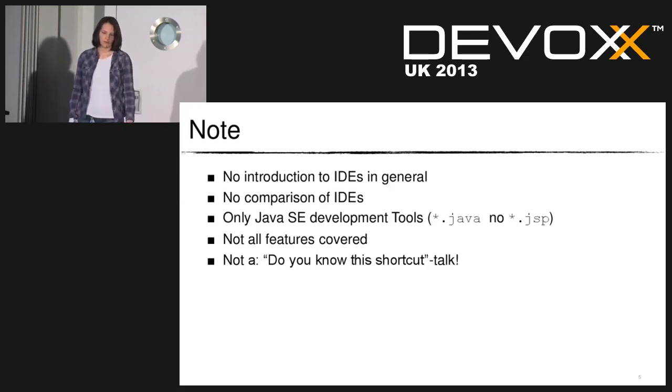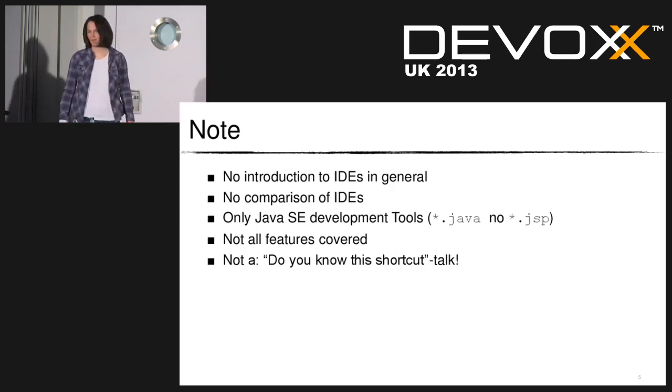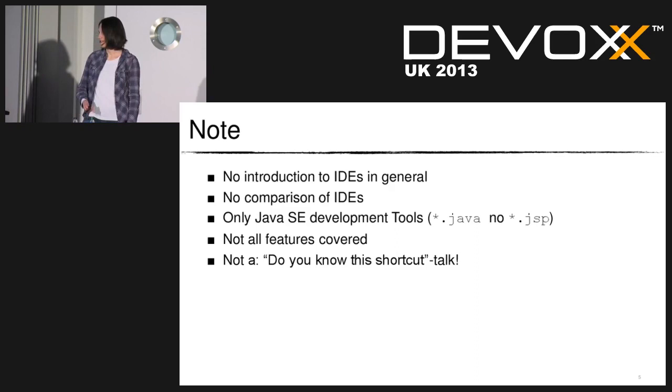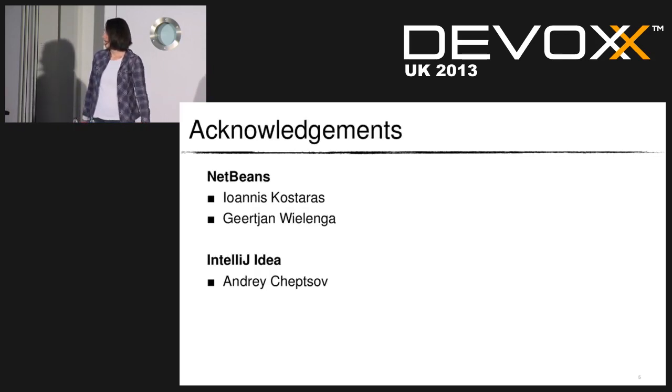And this won't be a do-you-know-the-shortcut talk, because I'm really bad at remembering shortcuts myself, so I'm not going to bug you with this one. Then I'd like to thank Johannes Costares and Gert-Jan Wielenger for answering some questions about NetBeans, because I usually don't work with it, and the same for Andre Chepsov for IntelliJ Idea.